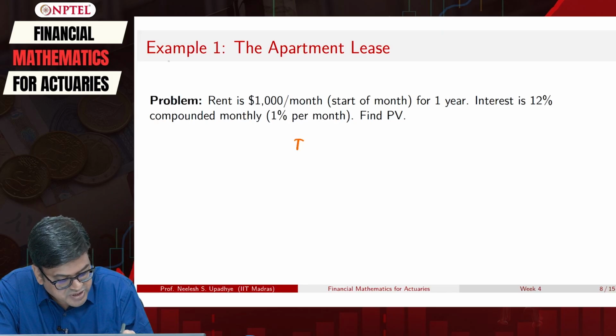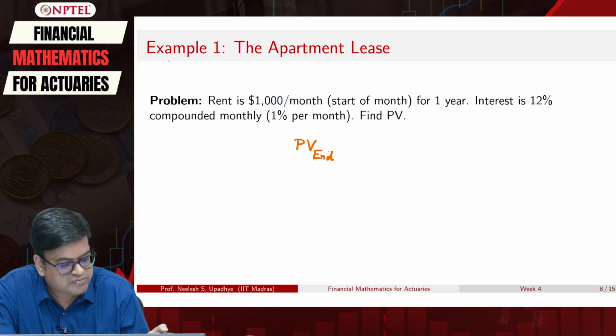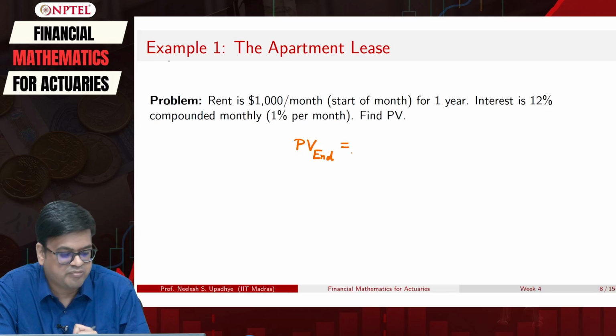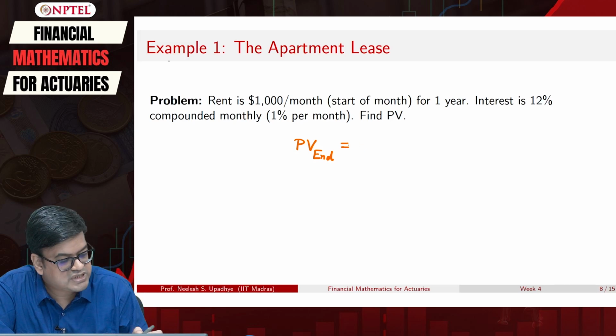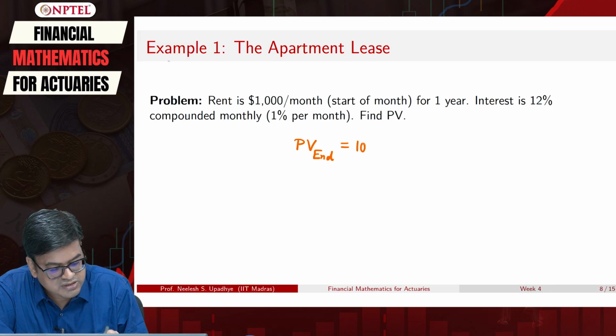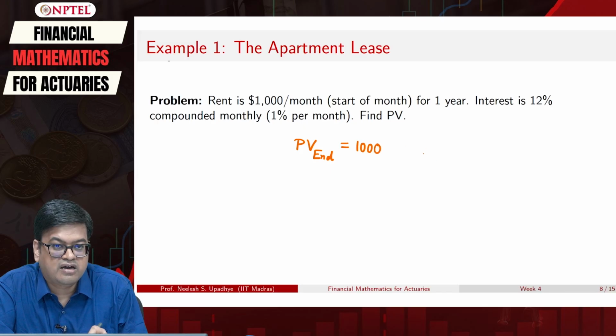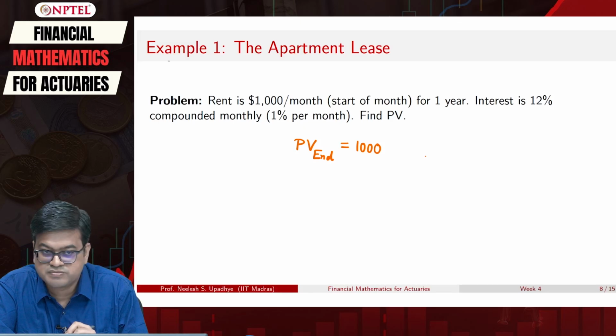So this is PV. If I consider annuity immediate, which is end period in my mind, then what will it be? That's what we will do. So it's basically 1000 per month, and then it's a with 12 and interest rate of 1%, right?